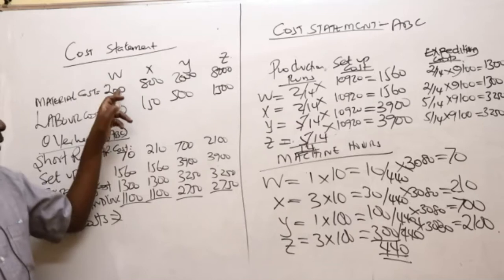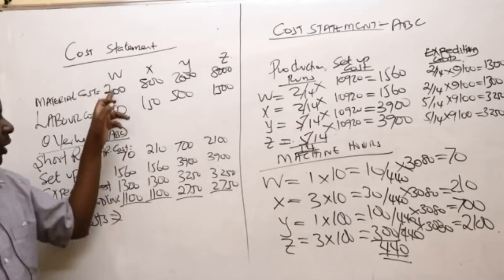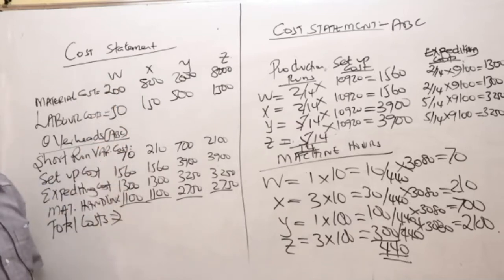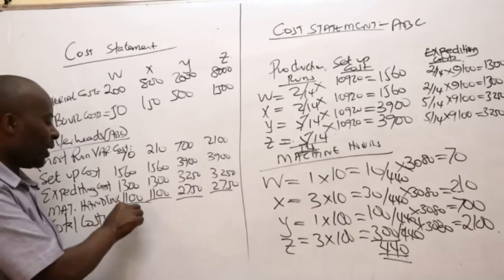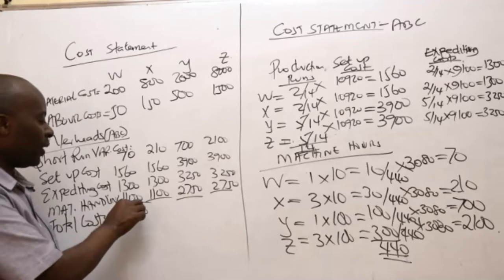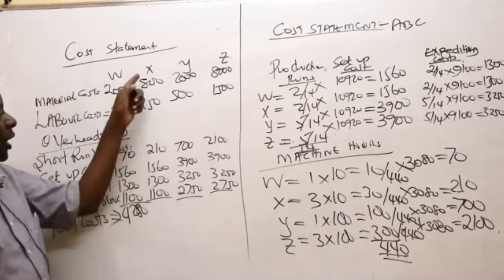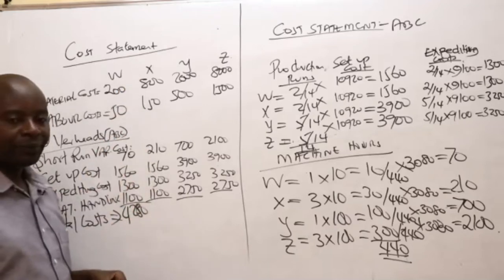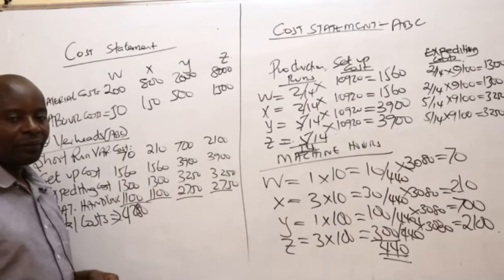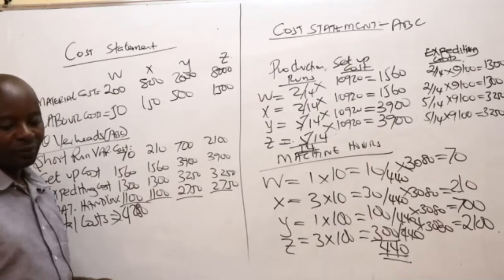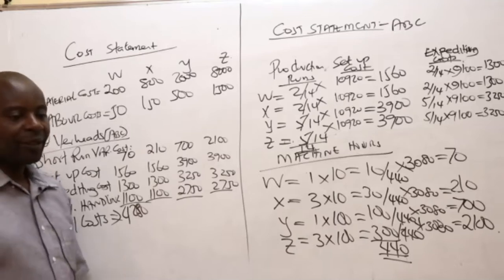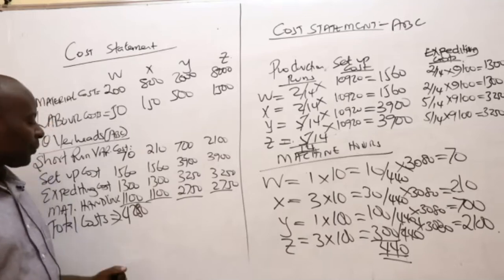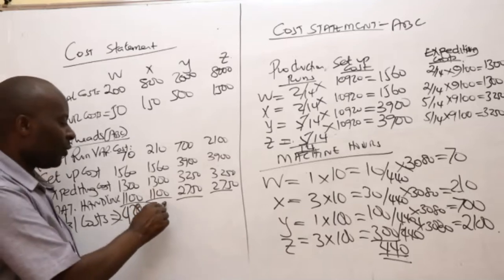So for W, you're adding everything downwards. Give us a figure. 4280. 4280 W. And then we have X, what do we have here? I'm waiting. 5120.